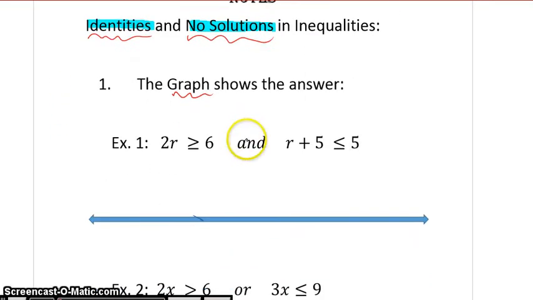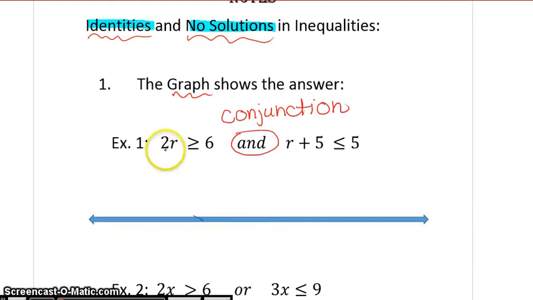So here we have a compound inequality with the word and. So this is really going to be a conjunction. They're conjoined. We're going to look and see where they intersect, and that will be the answer.